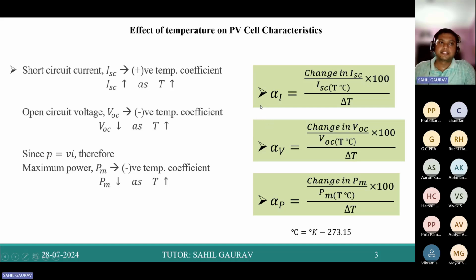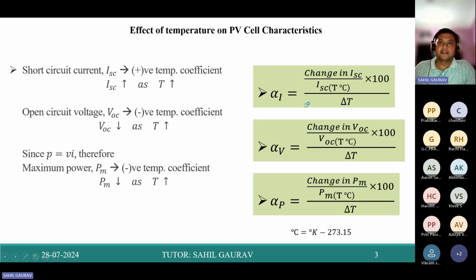These are the temperature coefficients for short circuit current, open circuit voltage, and maximum power. Here, T degrees Celsius denotes the ambient or standard temperature that has been specified in the problem.